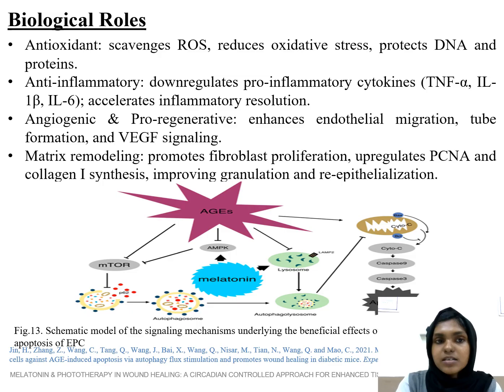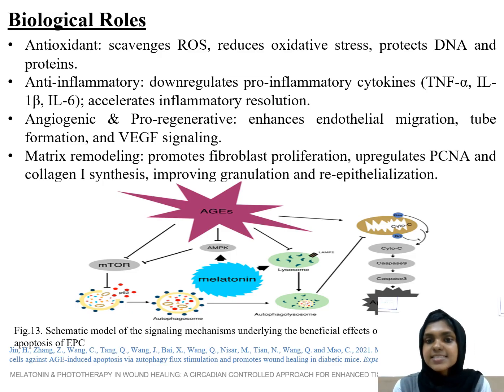Then this slide shows the biological roles of melatonin. Antioxidant: it acts as an antioxidant that scavenges ROS, reduces oxidative stress, protects DNA and proteins. Then it also acts as an anti-inflammatory that downregulates pro-inflammatory cytokines and accelerates inflammatory resolution. Then it also acts as angiogenic and pro-regenerative.